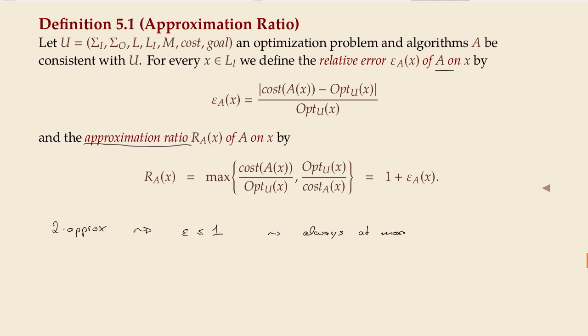So we're always at most twice as bad as the optimal solution.